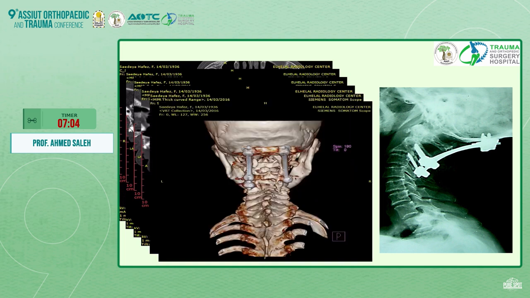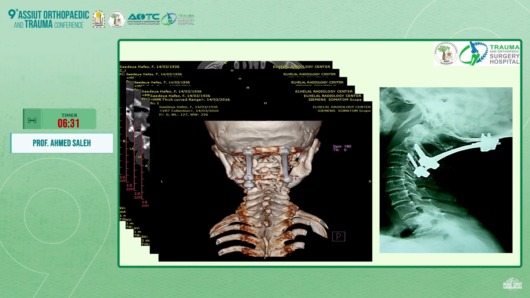occipital-cervical fusion between occiput and C2, and I supplemented with lateral mass C3, but I discovered later on that it was not necessary because the pedicle screw in C2 was sufficient to reduce the case and to fix it very well. Actually, the rod after insertion in the occipital plate was very high, so I persuaded it through the pedicle screw of C2, and during this, C1 rotated and reduced nicely.